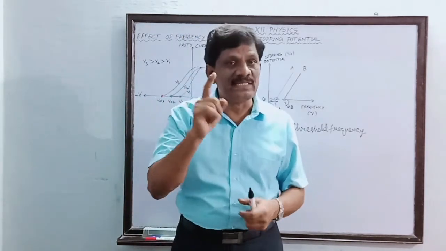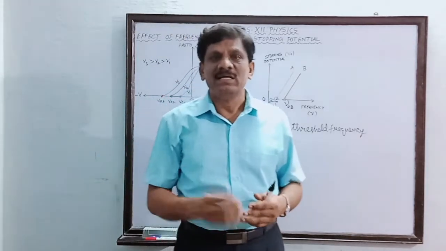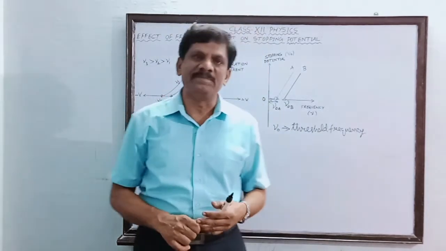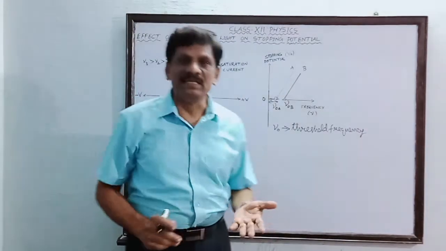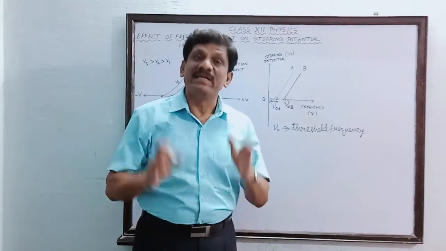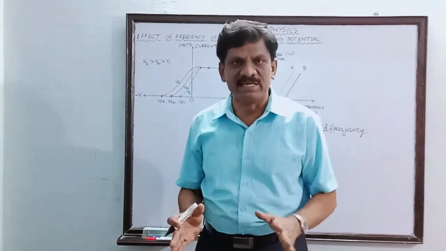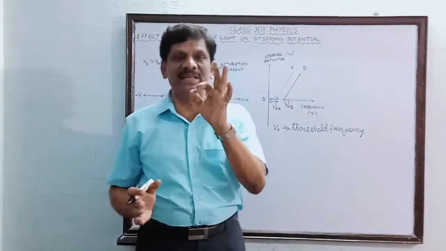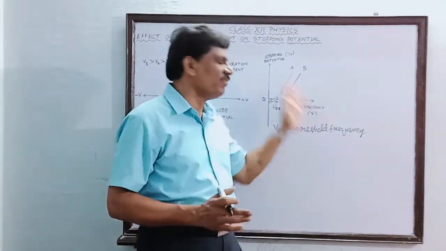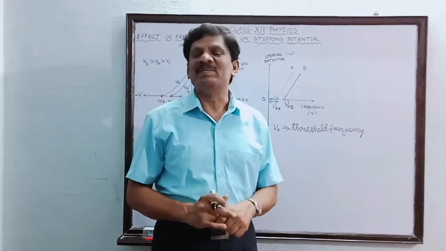But if the photons do not have sufficient energy, then they cannot remove the electrons from the metal. Is it not? That is why, irrespective of the intensity of the incident light, if the incident frequency is less than the threshold frequency, no photoelectrons will be emitted.